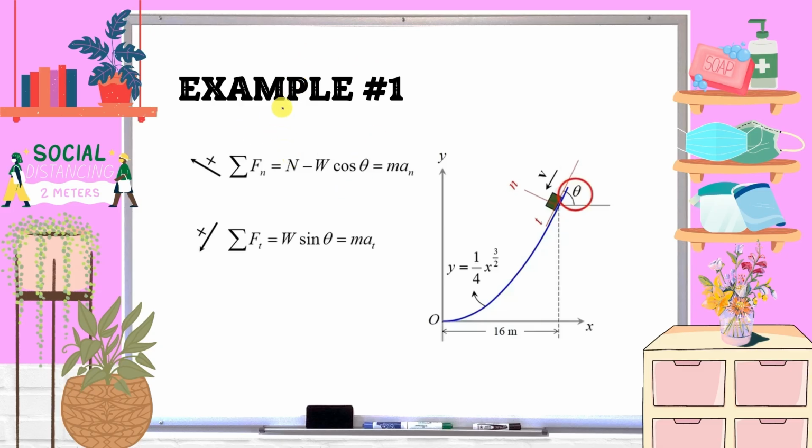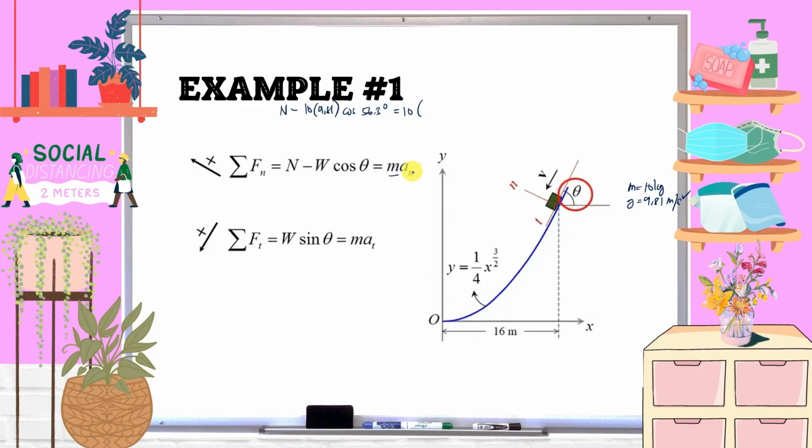Since we now have the equation, let's again identify all the unknowns. N is still unknown. Weight is our mass, which is 10 kilogram, multiplied by the gravitational acceleration, approximately 9.81 meter per second squared. So we will have the value of 98.1, or we can simply use mass 10 times 9.81 cosine of the calculated angle theta, 56.3 degrees, which is equal to mass, 10 kilogram, times a sub n.